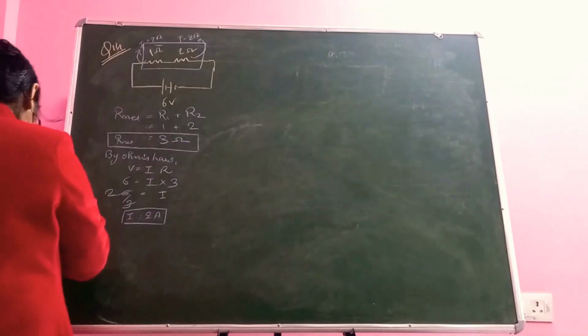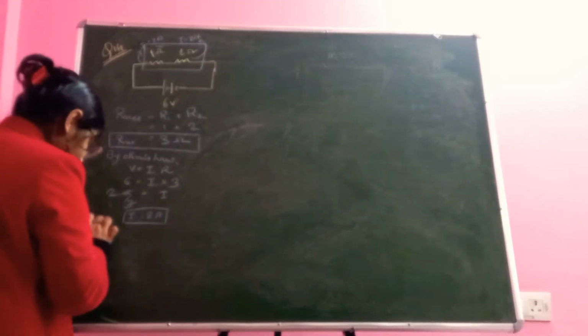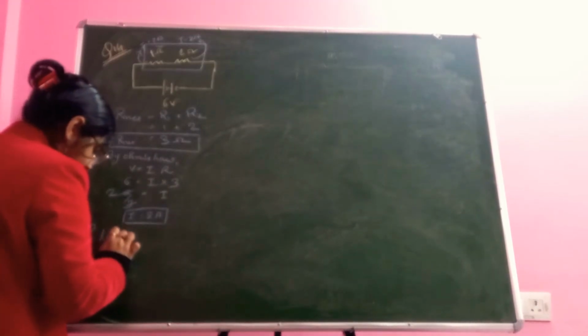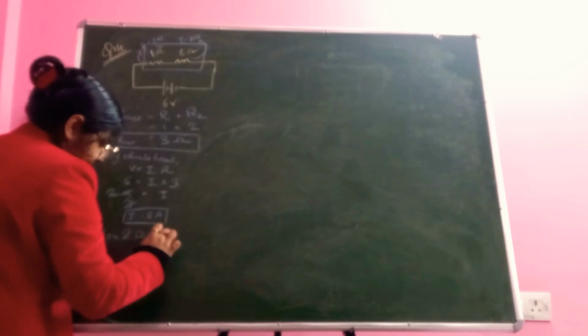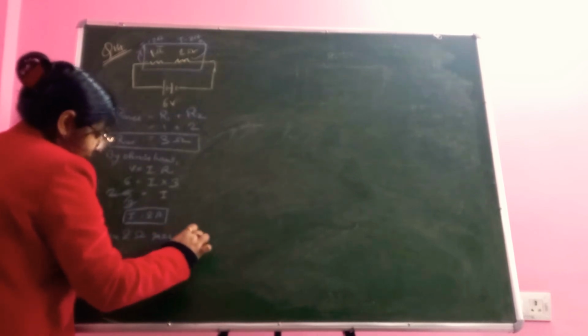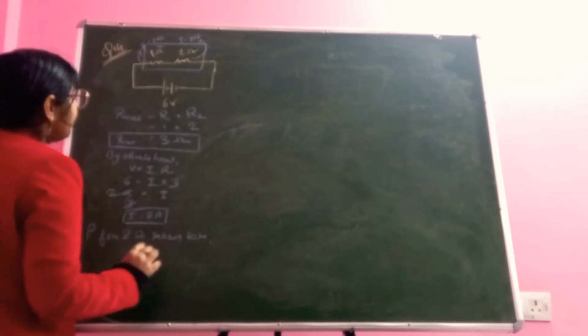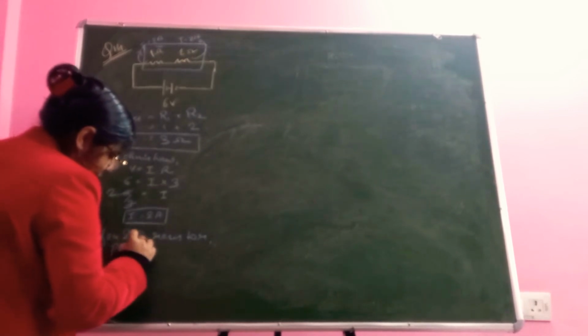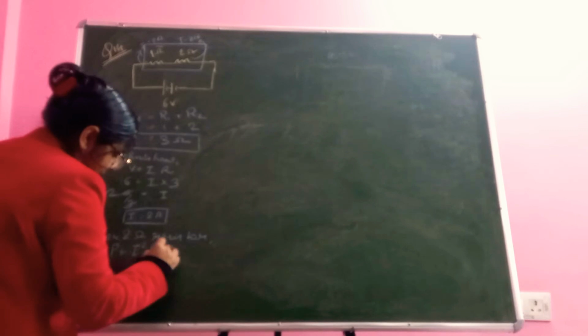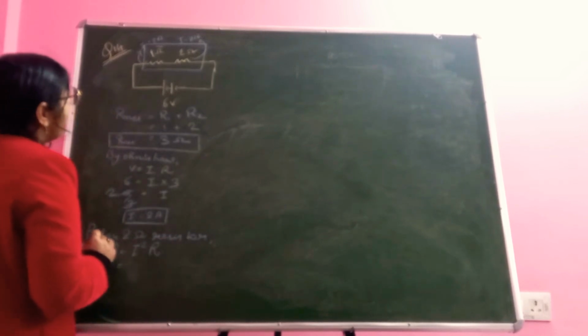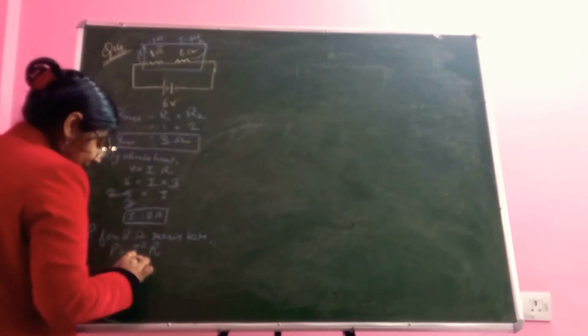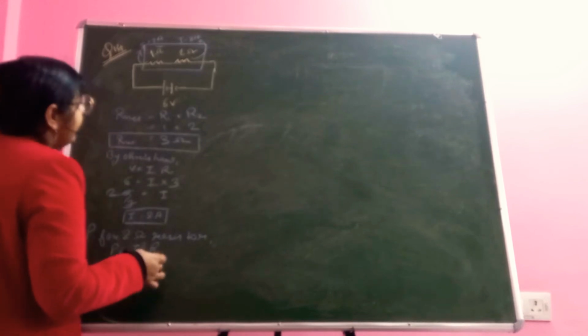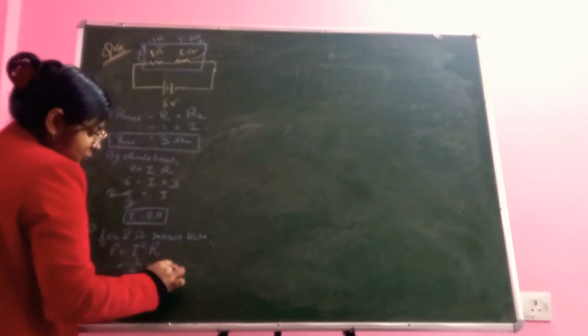We need the power only for the 2 ohm resistor, so we calculate the power for the 2 ohm resistor. We know that we have I and R, so power is equal to I square R. I is 2 ampere, so 2 square into R. R is 2 ohm.